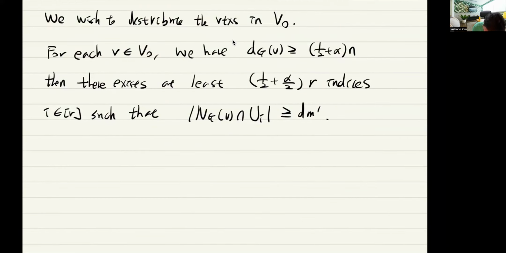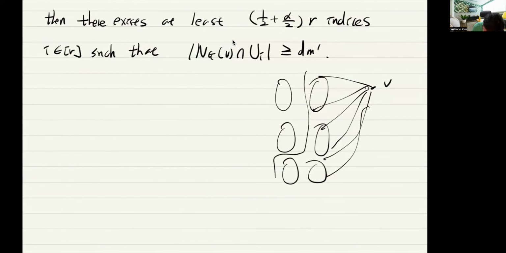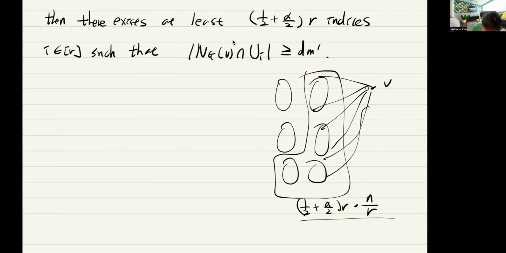This is true because otherwise what? Let's say you have v, and it's sending many edges to here, many edges to here, many edges to here. Say at most r plus alpha over 2 r vertices, it sends the full number of edges, so as much as possible.